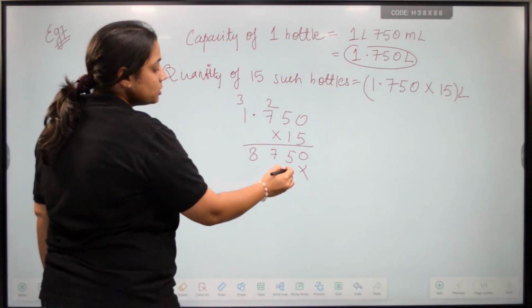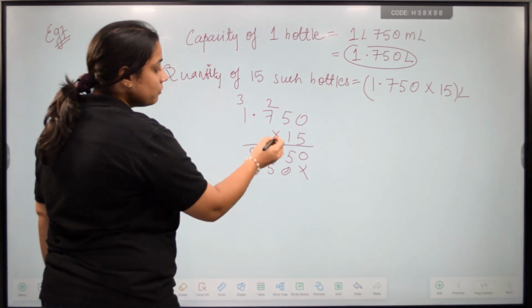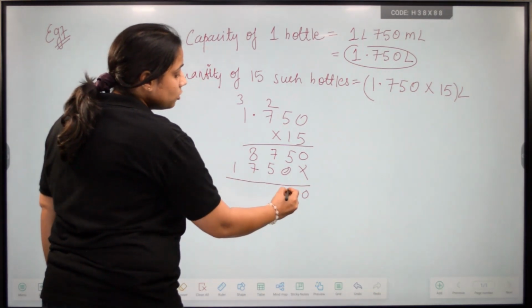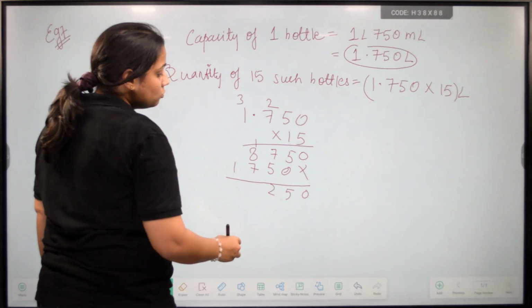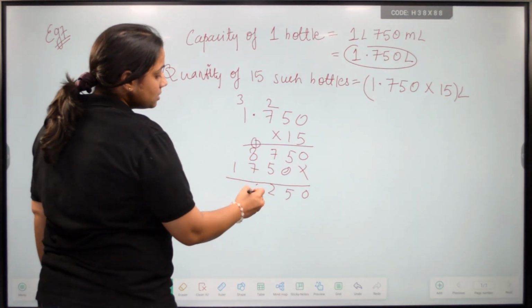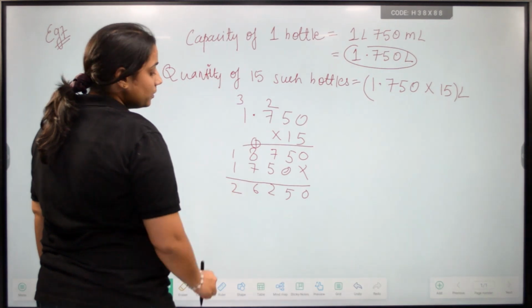Now 1 into 0 is 0. 1 into 5 is 5. 1 into 7 is 7. 1 into 1 is 1. So it will be 0, 5, 2, 12 here. 1 carries. 9 and 7, 6. So it will be 2.